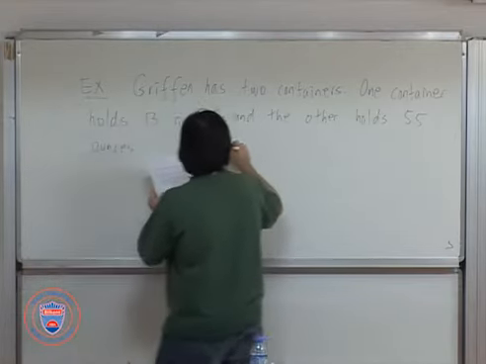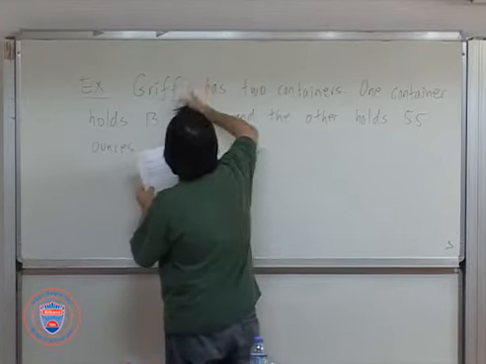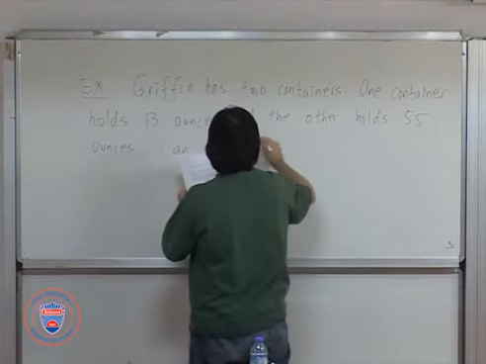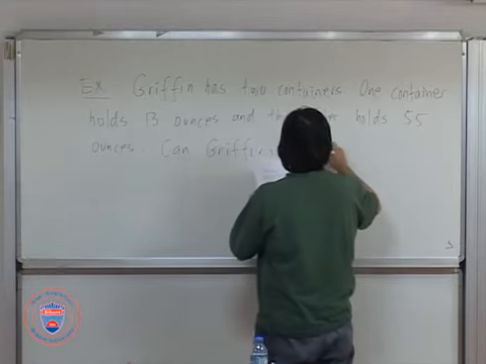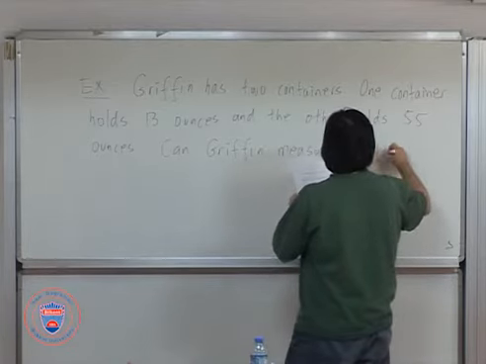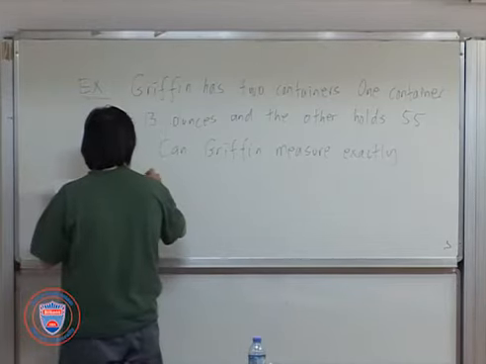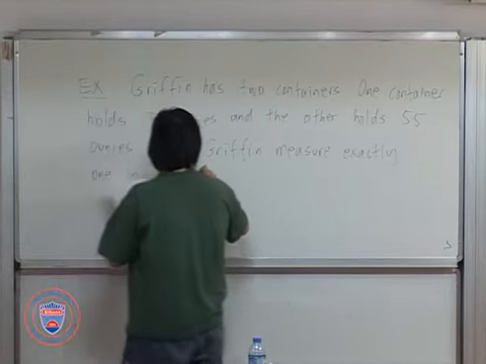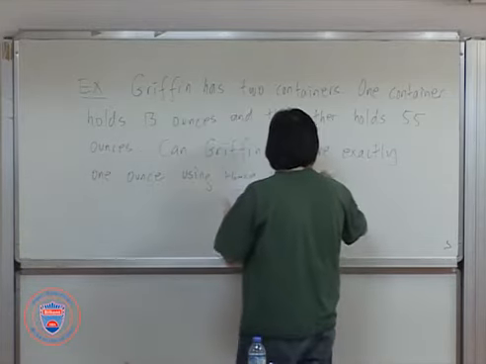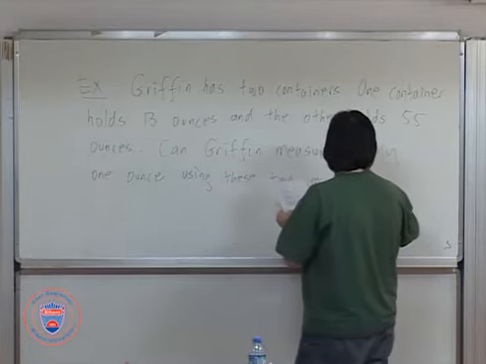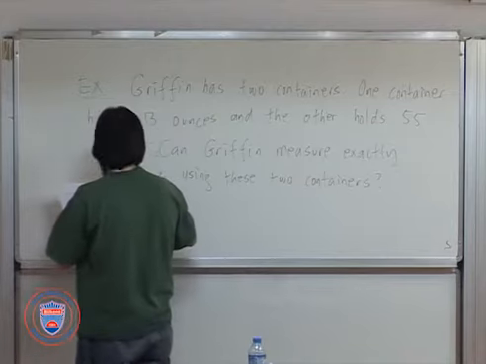Question is, can Griffin measure exactly 1 ounce using these 2 containers? If so, explain how.